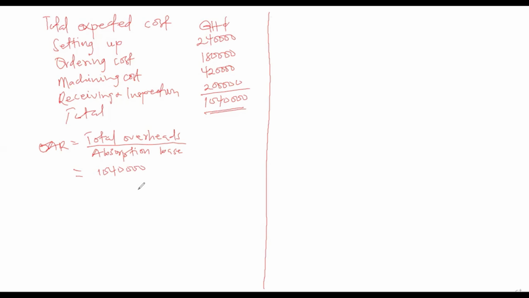And the direct labor hours, we are going to add both the labor hours for module A and module B, because the total overheads that we are seeing here is for both module A and module B. So we need to add these labor hours for both module A and module B and divide the total overheads by them to get the overhead absorption rate, the rate that we are going to use to absorb the overheads into these modules.